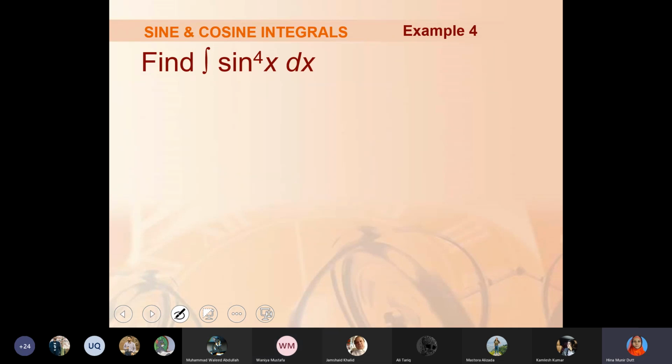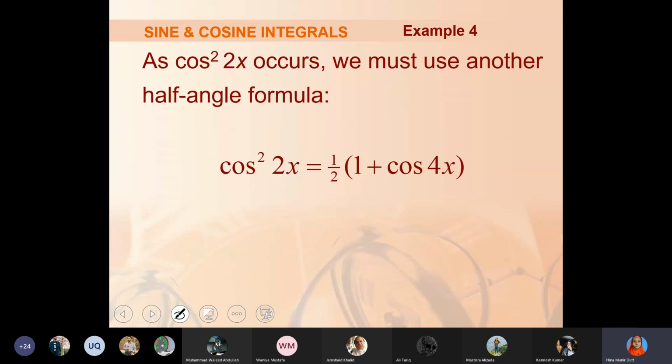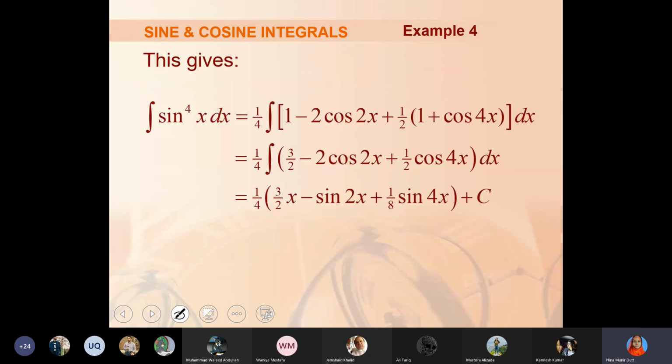But there is another way. We first use the half angle identity for sine square x, then write it as a whole square, expand that square, and again use the half angle identity for this. That is, we use the half angle identity twice and then integrate.